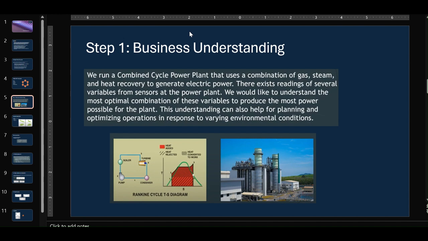Now we have environmental readings from the sensors at the power plants, and essentially we want to identify which weather conditions create the most optimal electrical energy generation. And this will help us to optimize the plant and also to forecast and plan the responses to varying environmental conditions, which affect the output generation, and having that correlation between the weather and how much energy we can expect from the plant as an output.